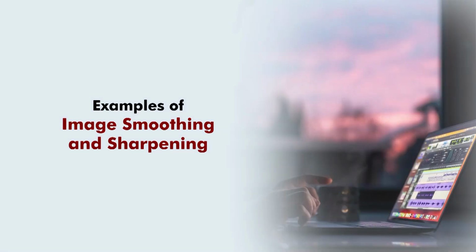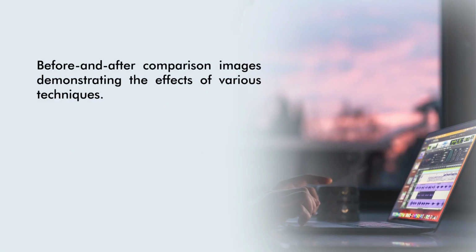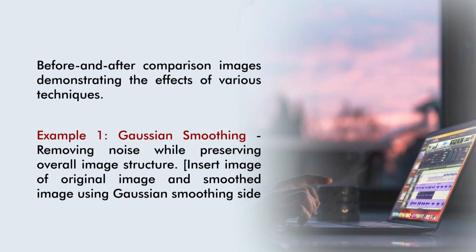So, examples of image smoothing and sharpening are here. Before and after comparisons of images demonstrate the effect of various techniques. In example 1, Gaussian smoothing is basically for removing noise while preserving the overall image structure, the structure of the whole image with all the pixels.